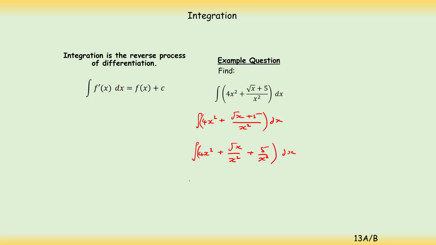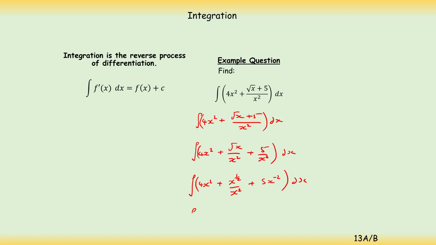So if we integrate, we've got 4x squared plus, we use indices really, the square root of x, so x to the power of a half divided by x to the power of 2. So we're going to subtract the indices in a second, plus 5x to the power of minus 2 with respect to x.